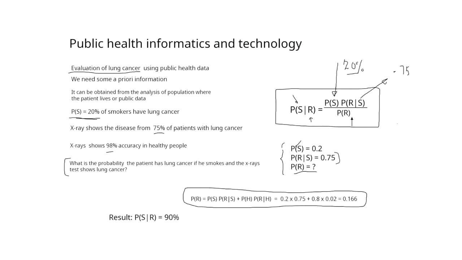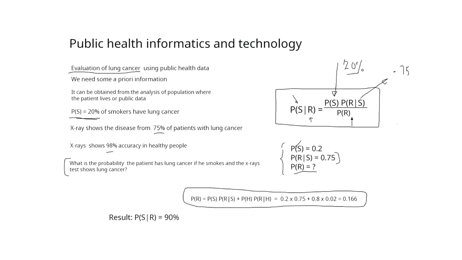And what is 0.02? 0.02 is the probability for a person who is a smoker but does not have lung cancer, that the X-ray shows cancer anyway.